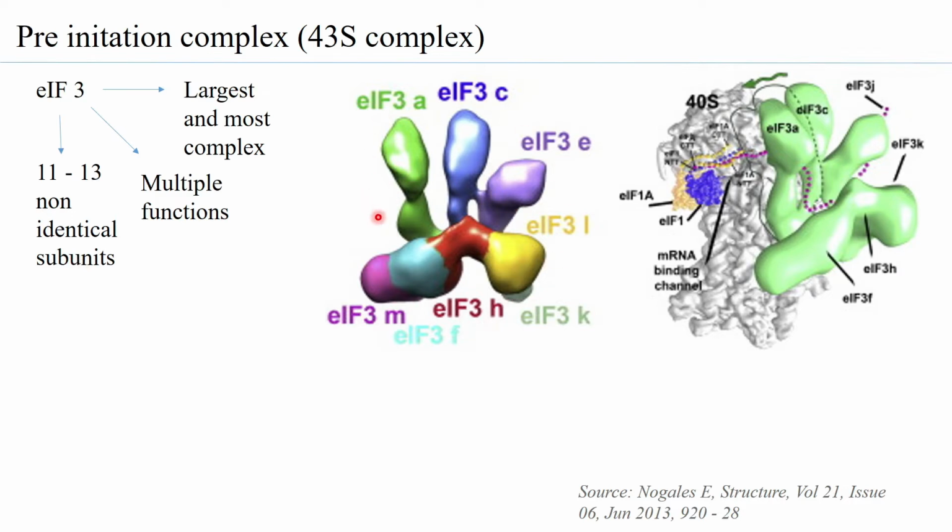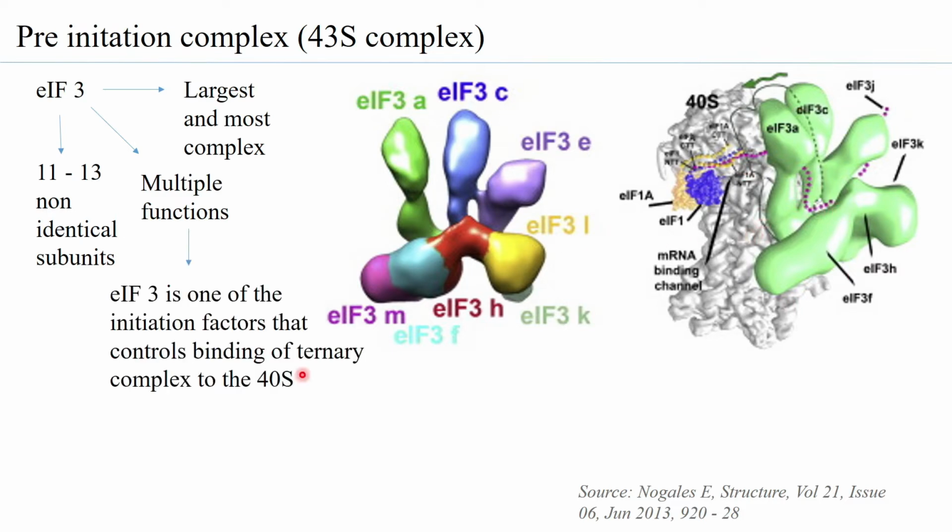And this is very similar to certain other family of molecules. But what is very clear is that the EIF3 is able to bind to the platform of the 40S. And it is also a scaffold to bind to other than EIF2 or the ternary complex. It is also able to bind to other initiation factors.